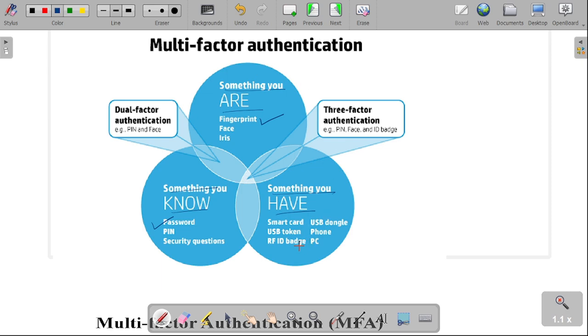In the third case, the user uses their own RFID badge to identify themselves, which is something you have. In multi-factor authentication, any combination of these factors together is used and the person's identity is checked. That is called multi-factor authentication.